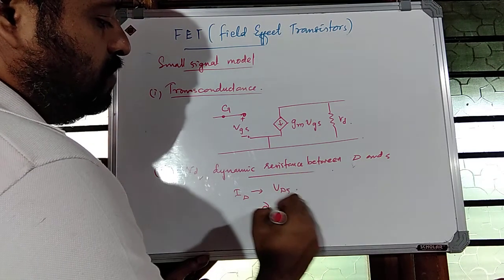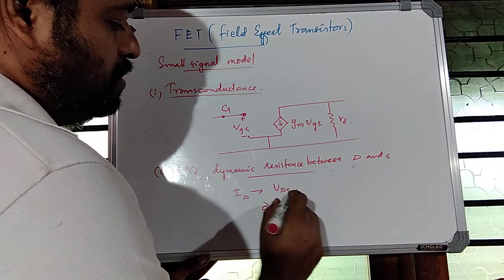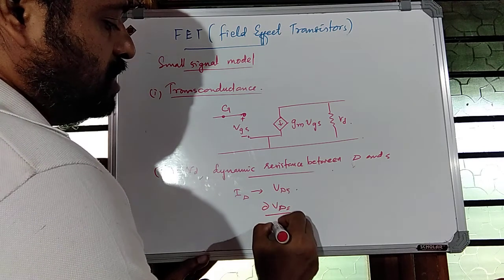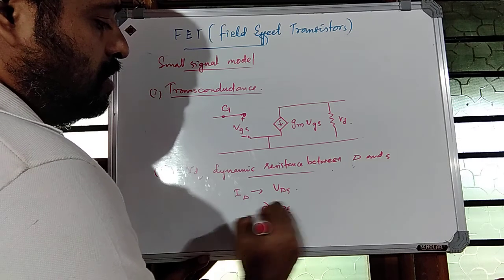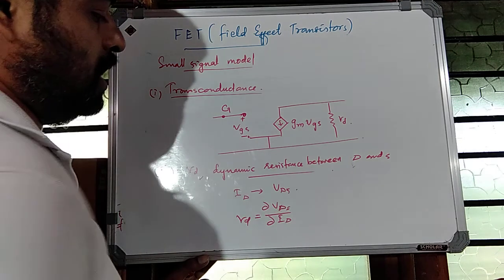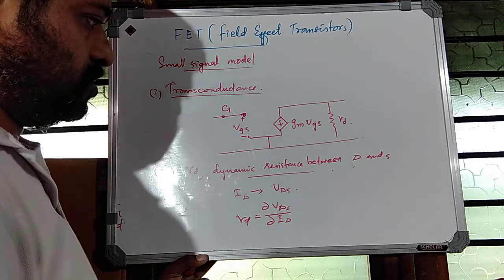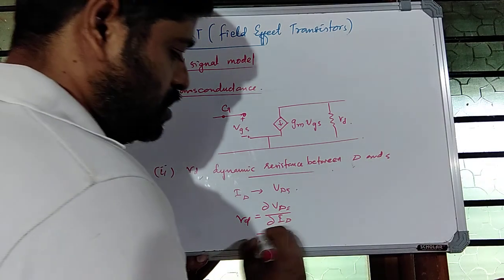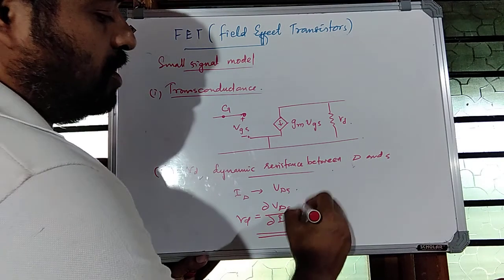So change in VDS by change in ID is called the dynamic resistance between drain and source, and it is a large value. This is a large value.